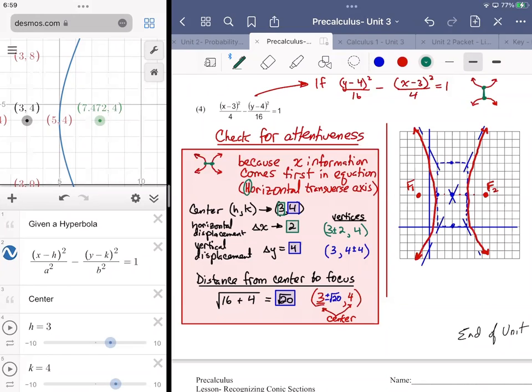And so this distance from center to focus would be attached to the y value instead of the x value. But every other aspect of the computations would remain the same.